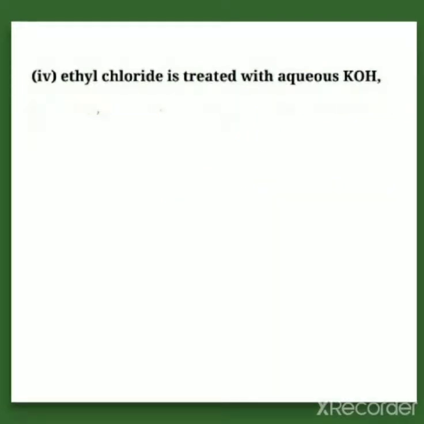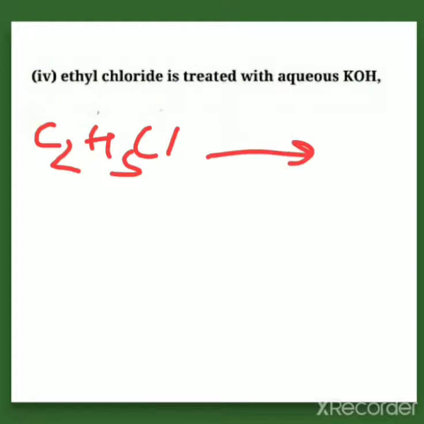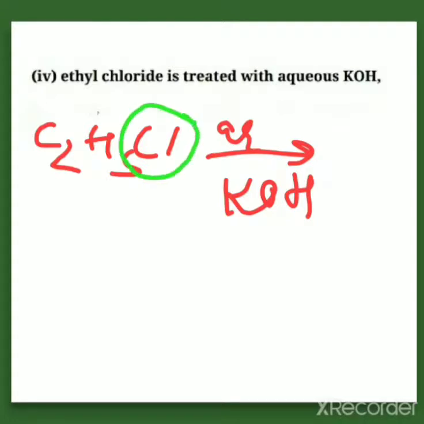Let us make its structure. Ethyl chloride: the ethyl group means C2H5, and chloride means Cl. Now it is treated with aqueous KOH. We need to make the product. So how do we do this one? It is a nucleophilic substitution, so remove the halide part and keep the OH here. You have to keep OH in the place of Cl because it is a substitution reaction.